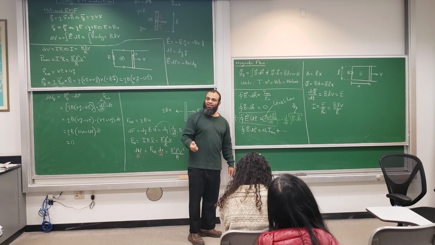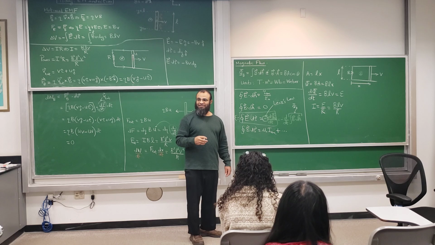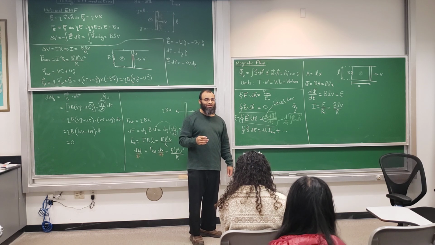So what does it say? I would say it in words, and then we will do several examples on how to figure out the direction. It just tells you the direction.